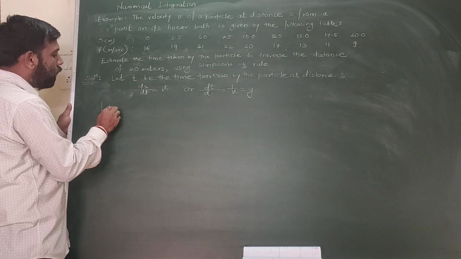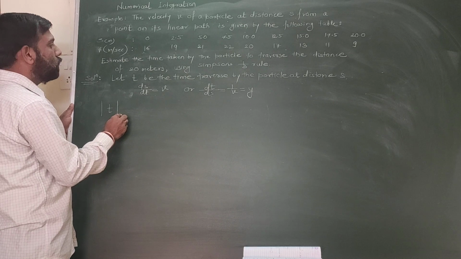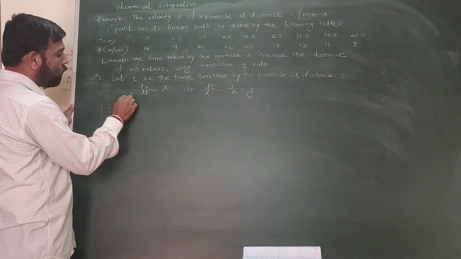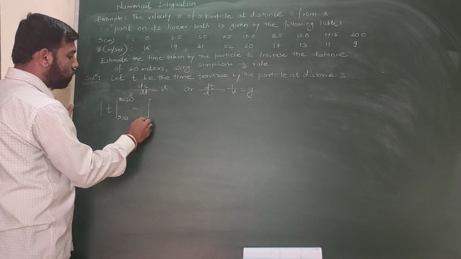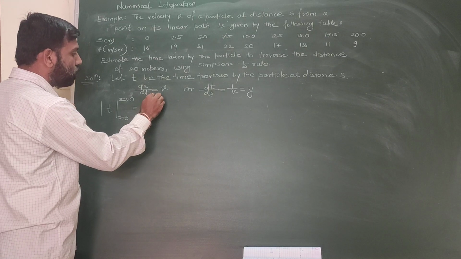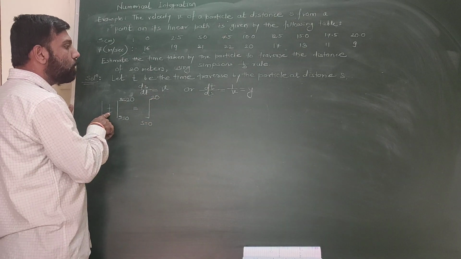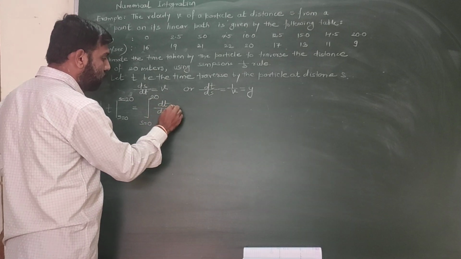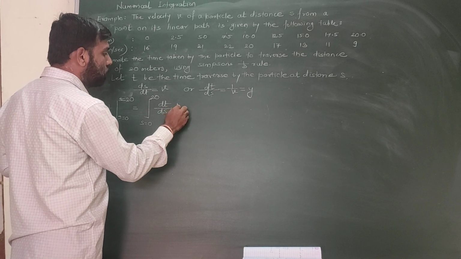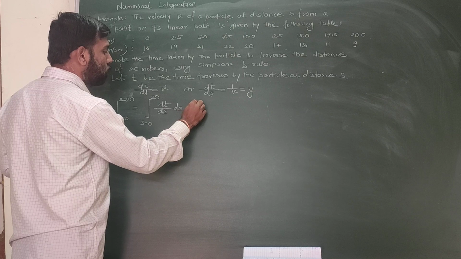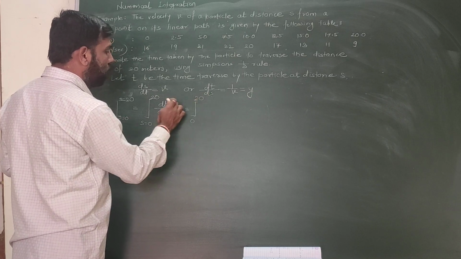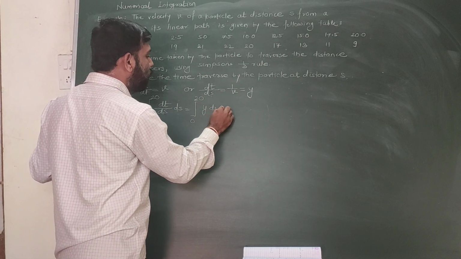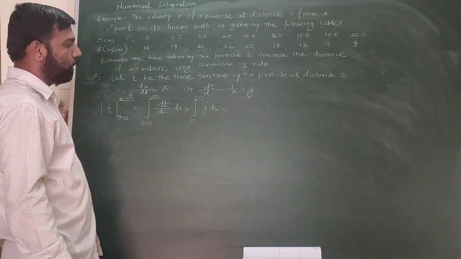Now we are finding a time t for distance s equals 0 to s equals 20. So with integration limits 0 to 20, t is nothing but the integral of dt by ds, which is equal to the integral from 0 to 20 of 1 upon v, or we'll write down y ds, where s is the operator here.